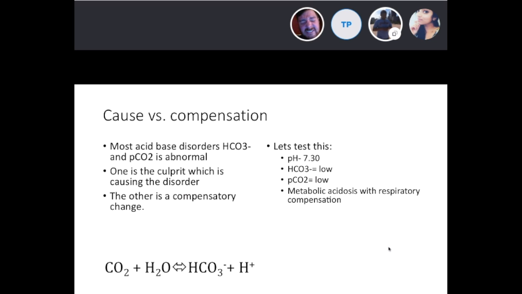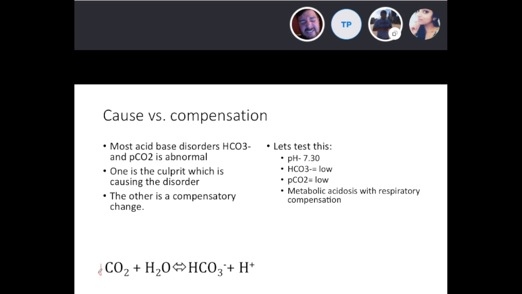It's metabolic acidosis because you have a decrease in... If you have a low... You're blowing off the acids? Okay, let's see if you can understand.